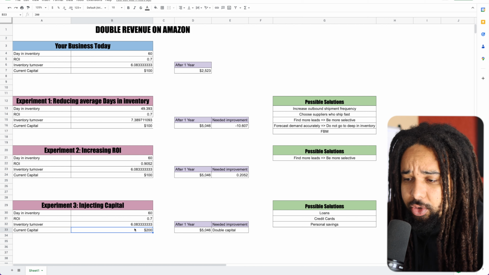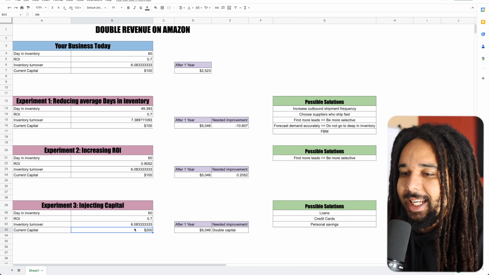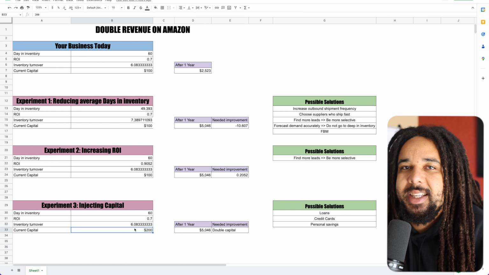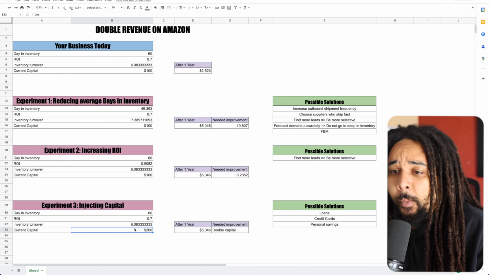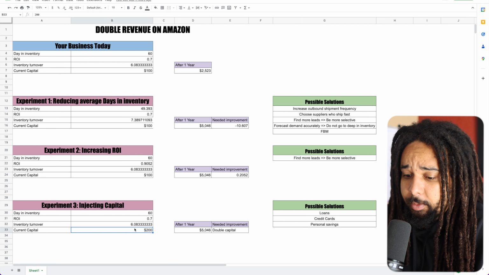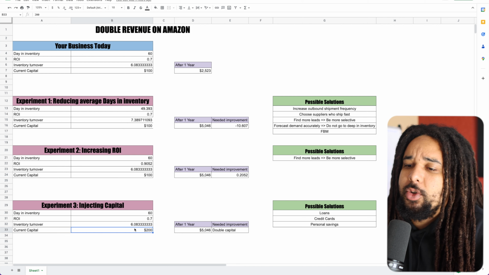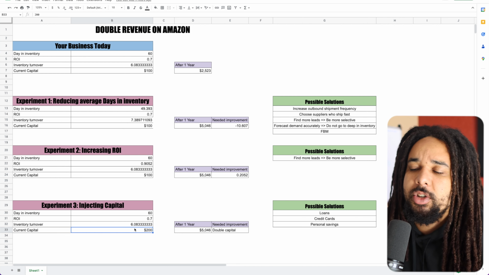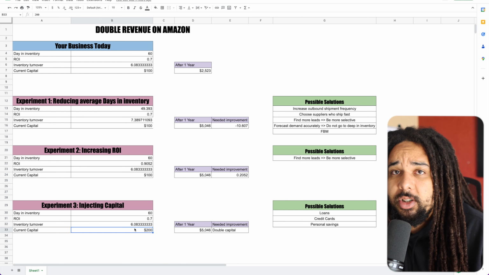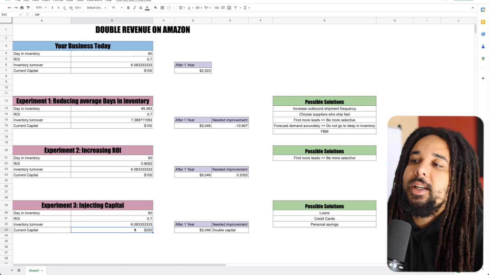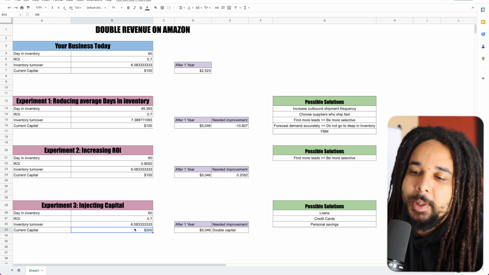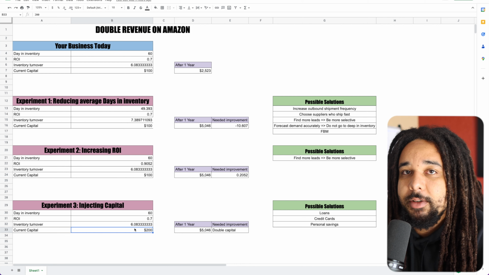You need to look into what you can improve, what is the easiest thing to improve, to pull levers and increase your business. If you only have $1,000 of capital, it's pretty easy to find another $1,000, right? It may not be easy all the time, but it's probably gonna be the easiest thing for you.